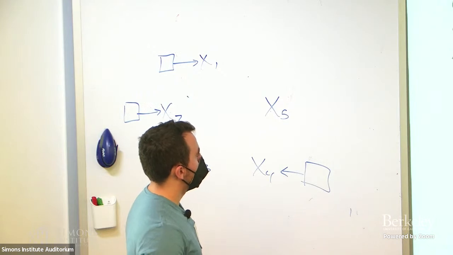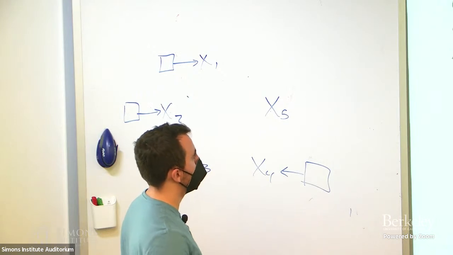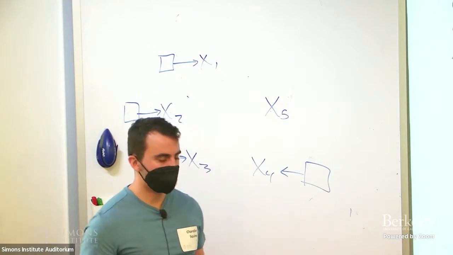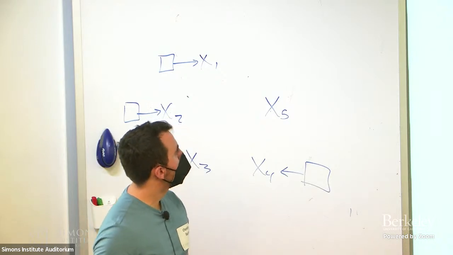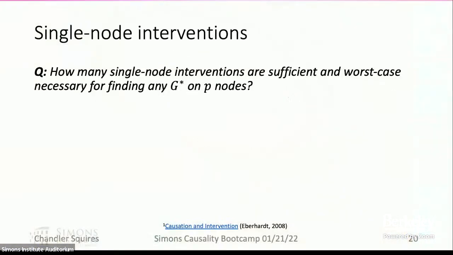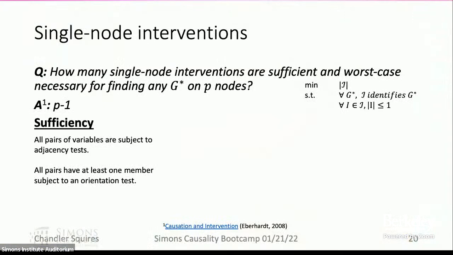And then we want to check whether the conditions from the previous slide are satisfied. First, we can observe that all pairs of variables will be subject to one of these adjacency tests, so there will be one intervention where they do not occur.